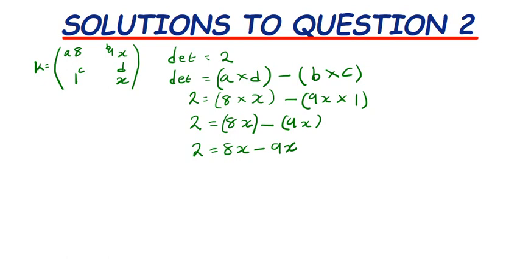And then you have 2 is equals to 8x minus 9x. Here what you do, since these are like terms, you say since you have a negative there, so you just say 9x minus 8x, and then you get the sign from the bigger number. So you say 9x minus 8x, it is what? It is just x, because it will be just a 1, so it will be x.